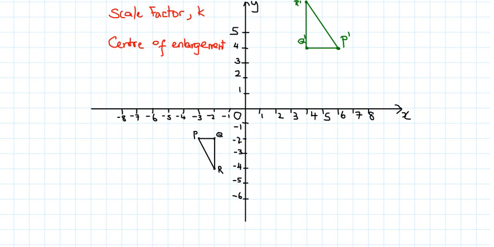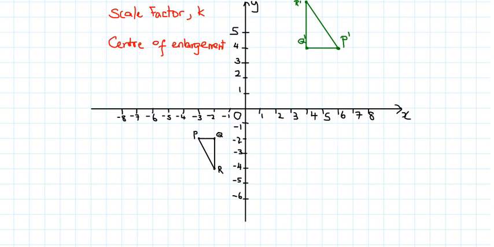And you can tell that simply by comparing corresponding lengths in your original image and your transformed image. If I compare PQ and Q prime P prime, I can see that here the distance is 1 unit and here it's 2 units. So I can tell that the scale factor is twice the original shape size, right? It's a scale factor of 2.